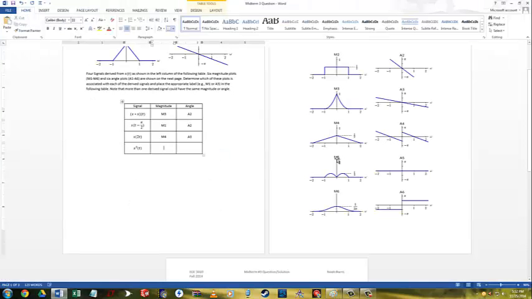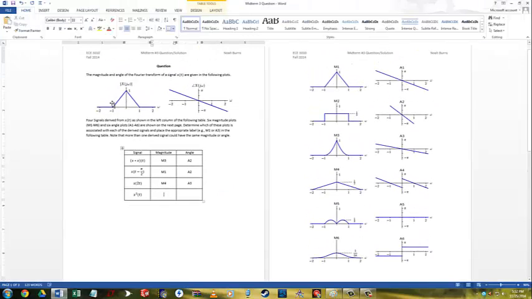So let's start by looking at the magnitude response of this. Essentially, we can convolve the magnitude response with itself. We're going to flip that, and we're going to have another triangle, and so we're going to have essentially a quadratic type function.